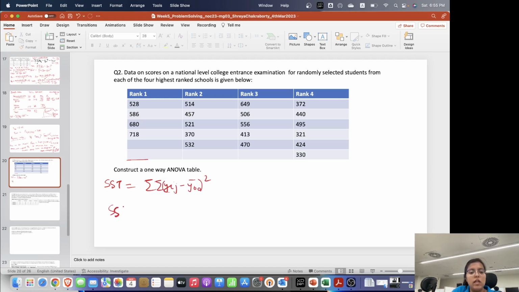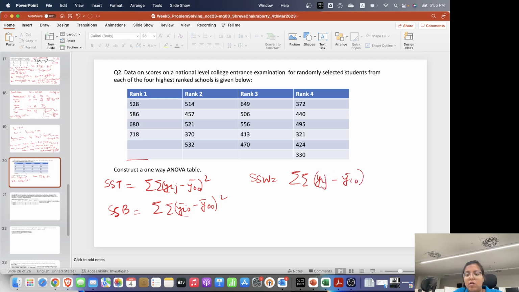SS between would be summation yi naught bar minus y naught naught bar whole square, and SS within is double summation yij minus yi naught bar whole square.